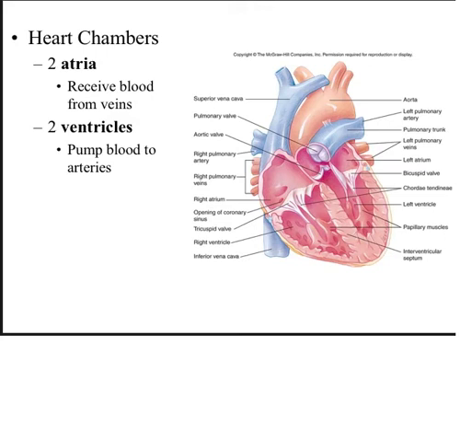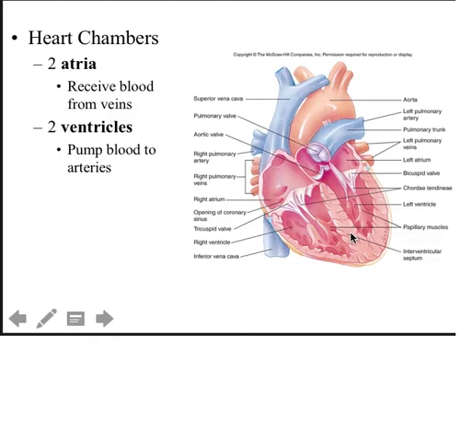And they do the majority of the work in the heart, and that's why they're stronger. You'll notice, for instance, that the walls of the ventricles, you can see here and here, are thicker than the walls of the atria.